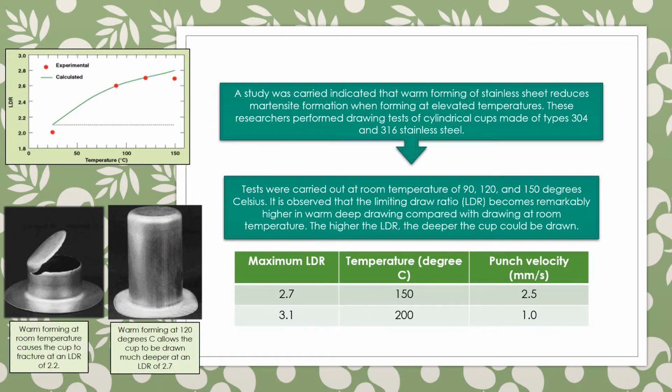From the two figures below, we can see the relationship between the temperature and the limiting draw ratio, LDR. From the left figure, forming at room temperature causes the cup to fracture at an LDR of 2.2. As for the right picture, warm forming at 120 degrees Celsius allows the cup to be drawn much deeper at an LDR of 2.7.